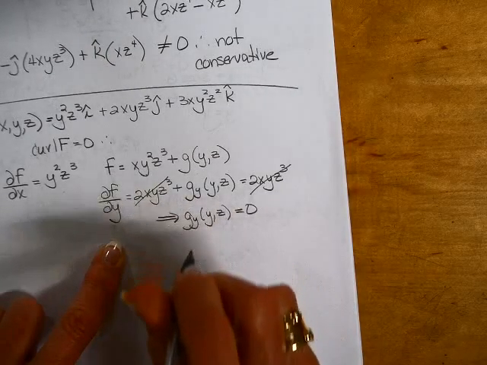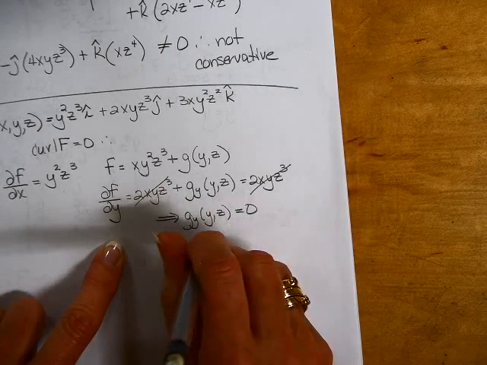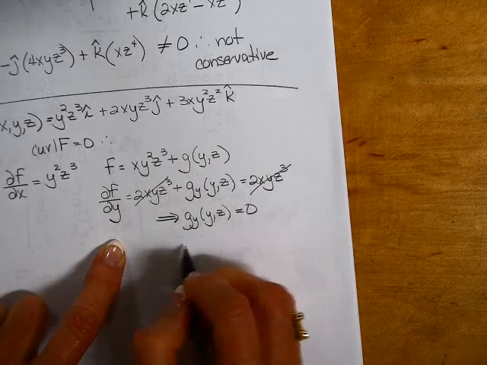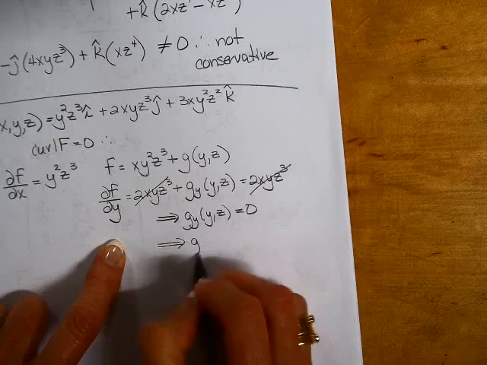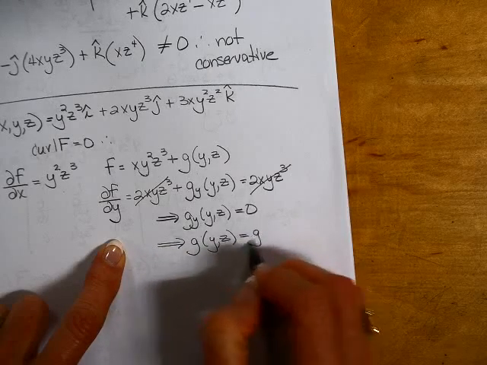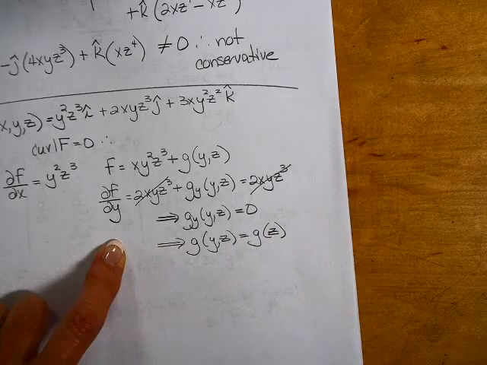which means that this function must not have had a y in it at all, but it might have had a z in it. So that implies that g of yz is only a function of z.